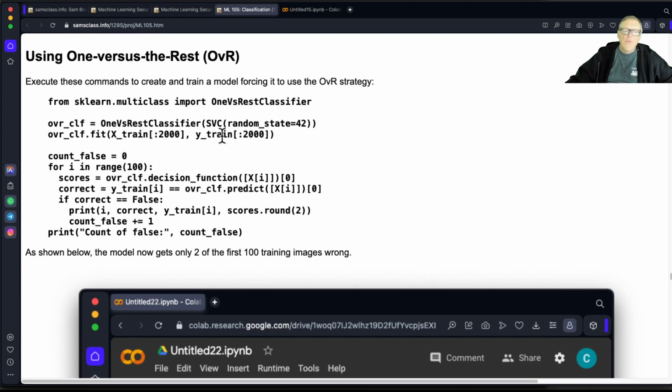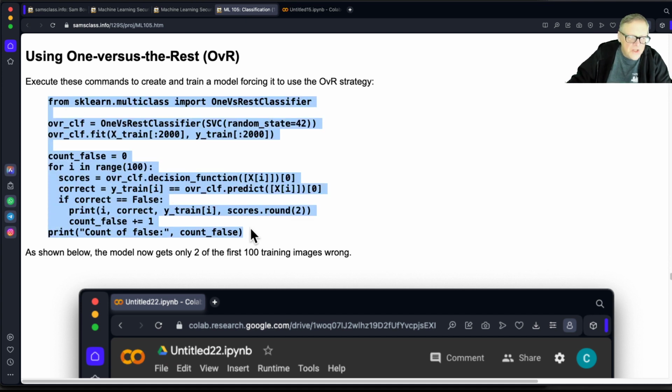And you can use one versus the rest, which is another way to do it, and then you only need 10 classifiers, like we made before: 5 or not 5, 0 or not 0, 1 or not 1. If you do that, in this case, it only gets 2 of the first 100 wrong.